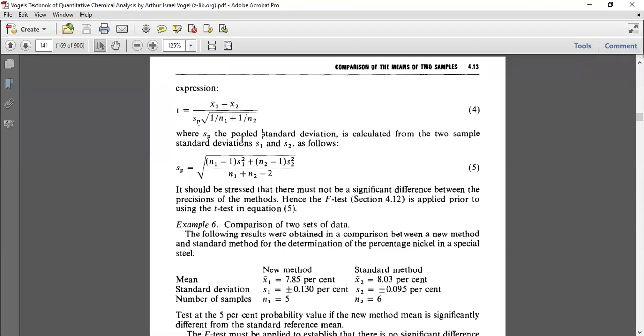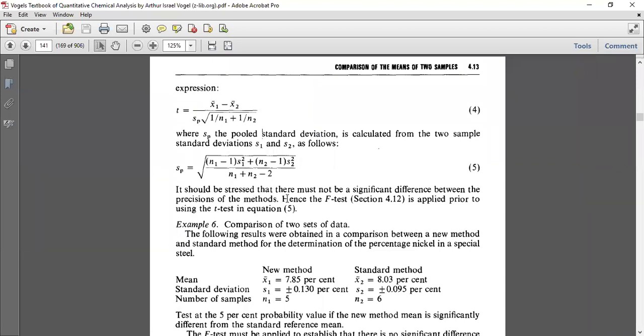That is called the pooled standard deviation, times the square root of 1 upon n1 plus 1 upon n2, where SP is the pooled standard deviation and it is calculated from the two sample standard deviations S1 and S2. So SP is equal to the square root of n1 minus 1 S1 square plus n2 minus 1 S2 square, divided by n1 plus n2 minus 2.